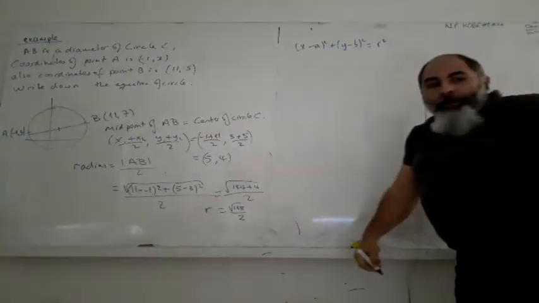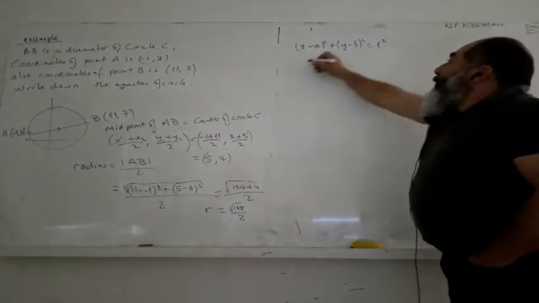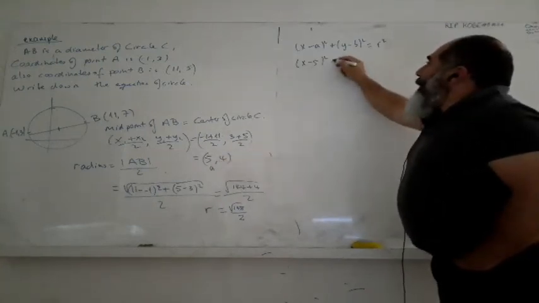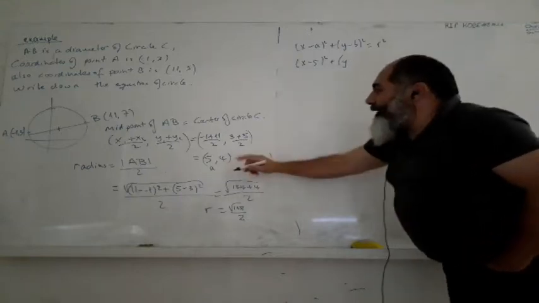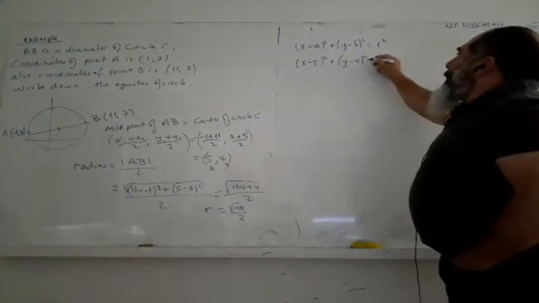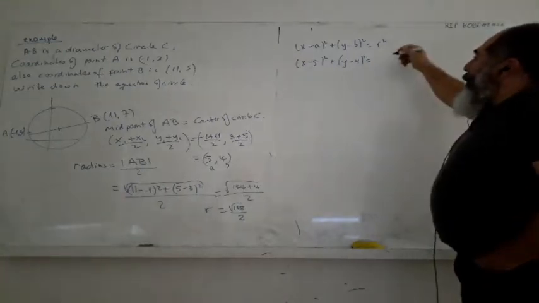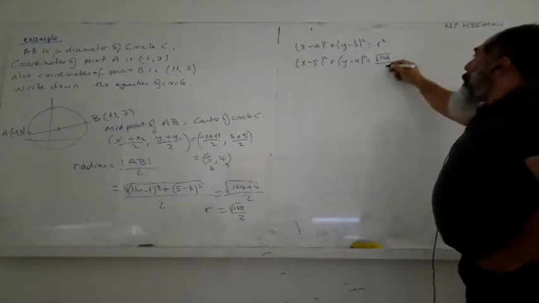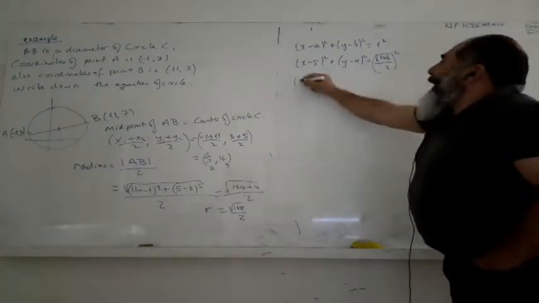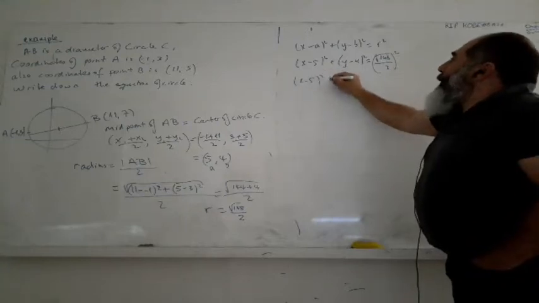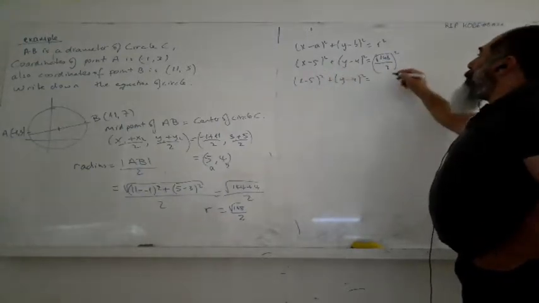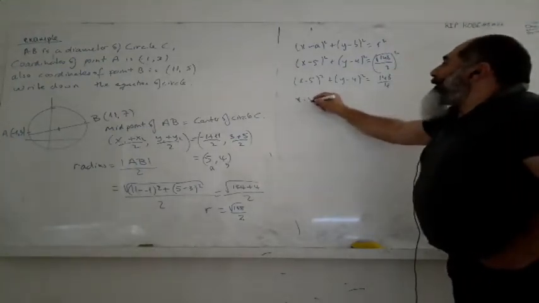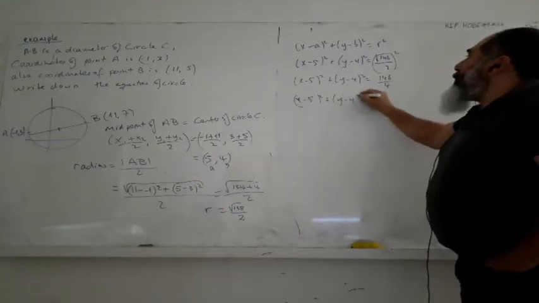So a is 5, b is 4, equal to the square of the radius, which is root 148 over 2 squared. So (x minus 5) squared plus (y minus 4) squared is equal to 148 over 4. So (x minus 5) squared plus (y minus 4) squared is equal to 37.